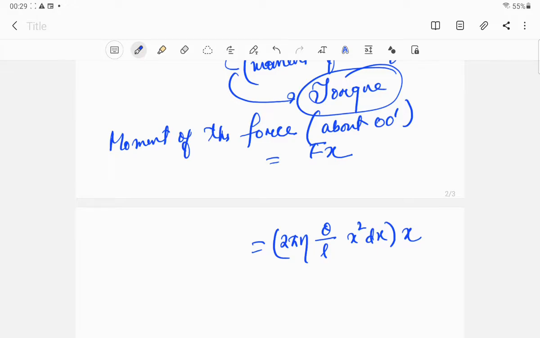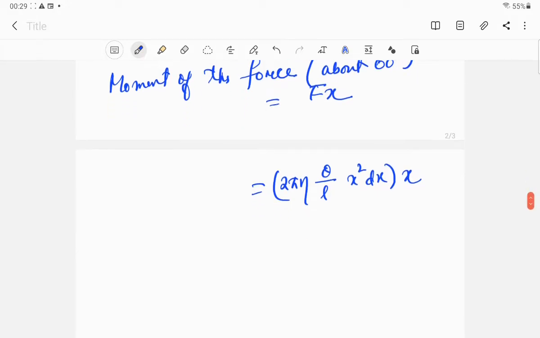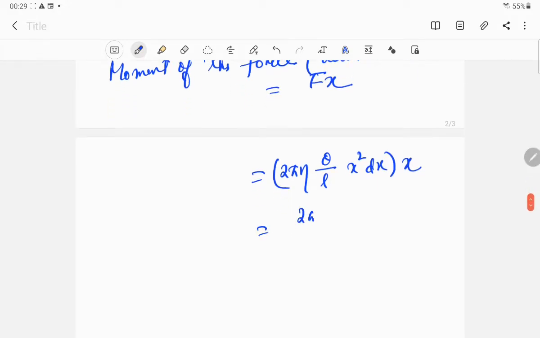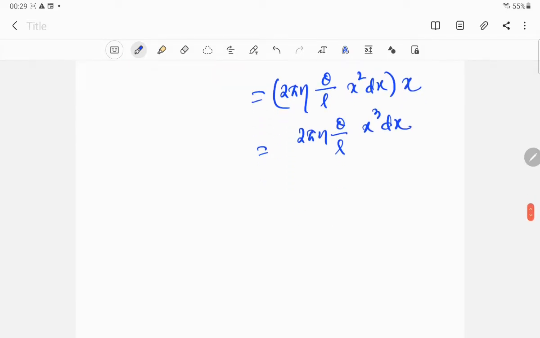Now what we have is 2 pi eta theta by L times x cube dx. This is the moment of the force for this small section of that particular cylinder. It is not the whole cylinder, it is a small part of radius x and thickness dx.